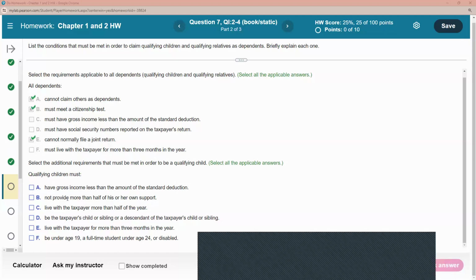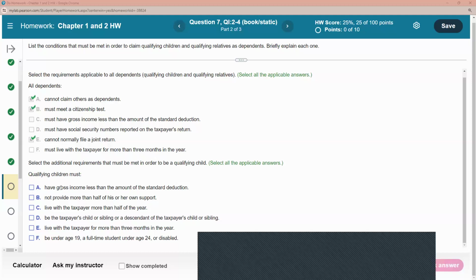To be considered a full-time student, they need to carry a number of courses that the educational institution considers full-time, and they need to be in school for at least 5 months of the year. The abode test, as mentioned earlier: they need to live with the taxpayer for more than half of the year. And lastly, the support test: the qualifying child should not have provided more than half of his or her own support during the year.